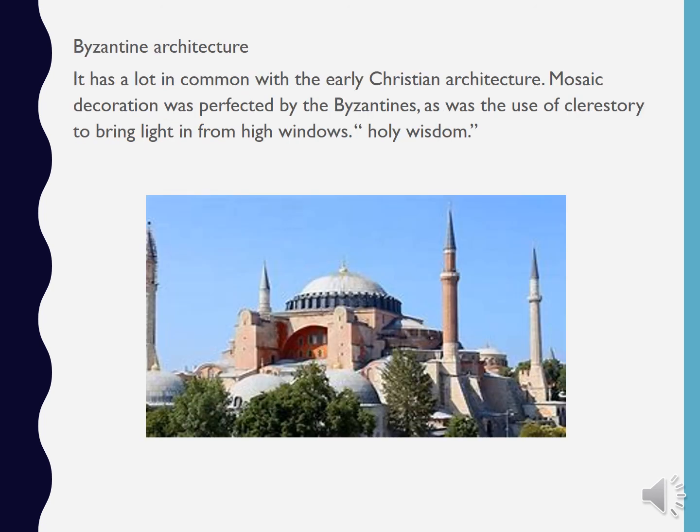Next is Byzantine architecture. Byzantine architecture has a lot in common with early Christian architecture. Mosaic decoration was perfected by the Byzantines, as was the use of the clerestory to bring light in from high windows. Hagia Sophia, holy wisdom. So this is an example of Byzantine architecture.